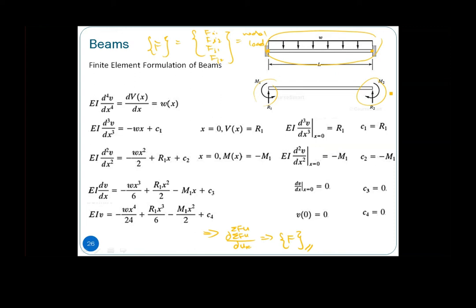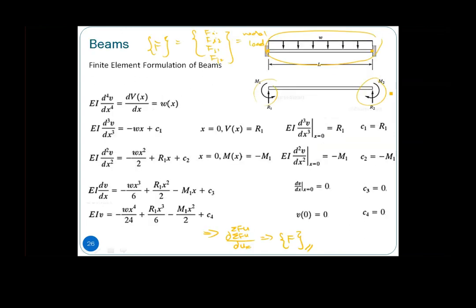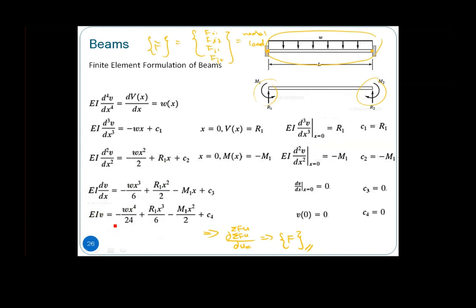So for example, if you have a distributed load, what we are doing here is building our relationships. We have EI d4V/dx^4, which is actually our wx.